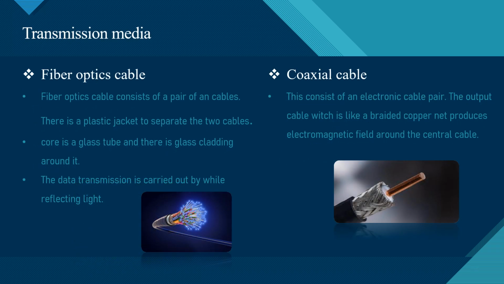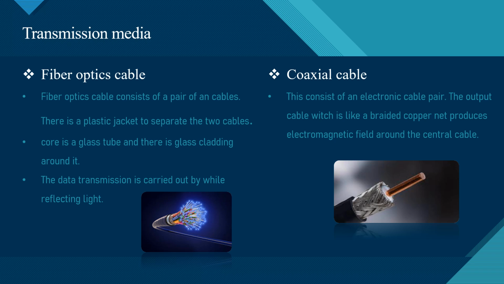Transmission media: fiber optic cable and coaxial cable. A fiber optic cable consists of a pair of fiber cables. There is a plastic jacket to separate the two cables. The core is a glass tube and there is a glass cladding around it.